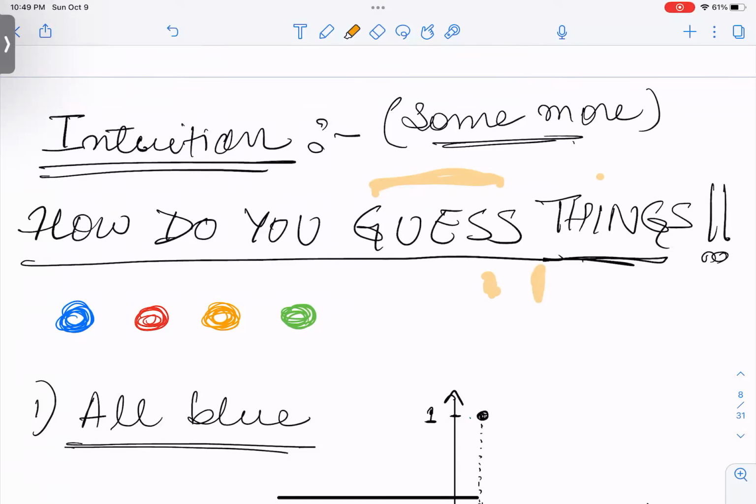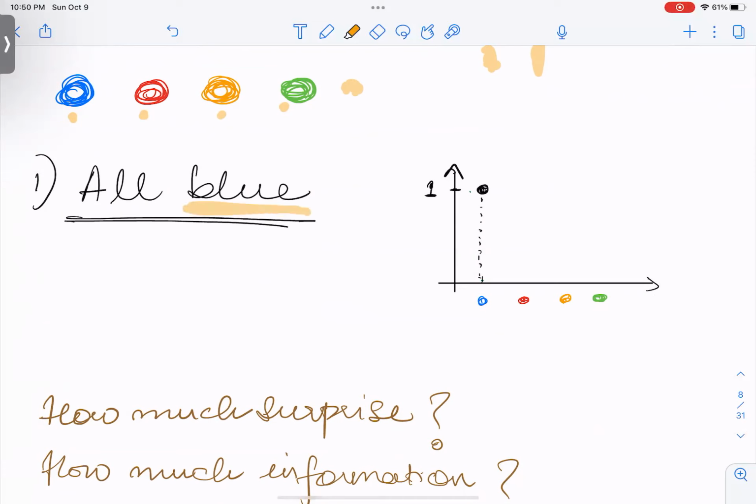Let's get an example. Let's assume that there are 4 balls, blue, red, orange, and green, in a room. The first case would be that all the balls are blue. So this is how the probability distribution would look: red, orange, and green are 0, and we have all blues.